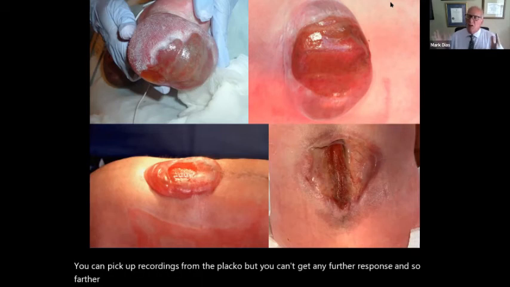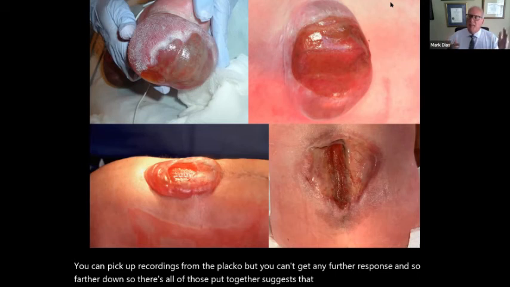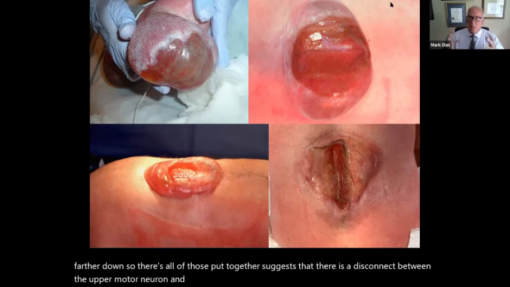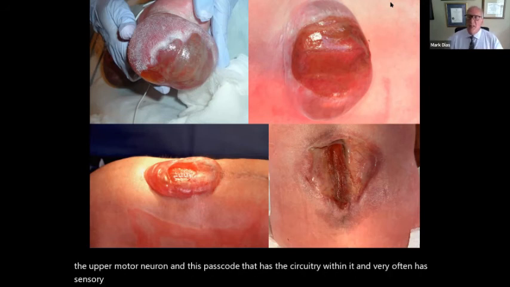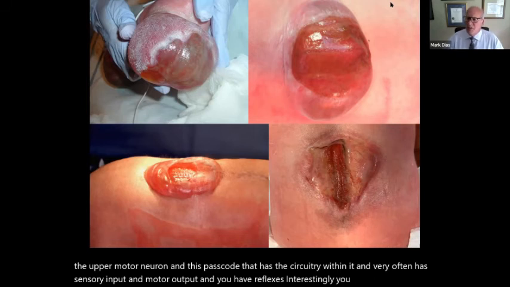So all of those put together suggest that there is a disconnect between the upper motor neuron and this placode that has the circuitry within it, and very often has sensory input and motor output, and you have reflexes. Interestingly, you don't have hyperreflexia, which has always puzzled me in that case.